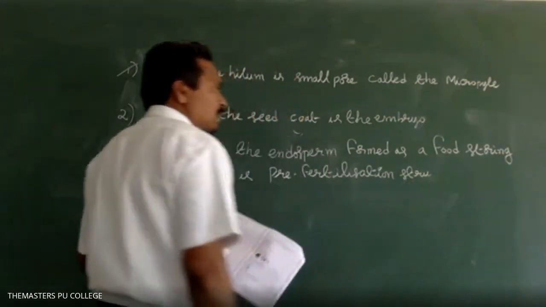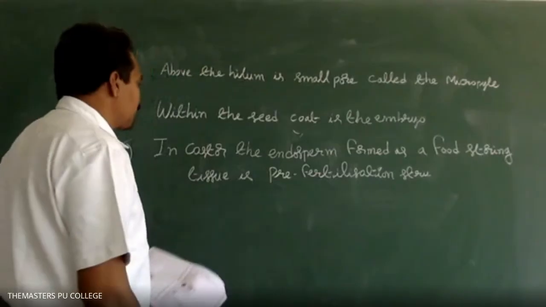Option 3, sir. Very good. It is formed after fertilization, sir. Very good. It's formed in castor.